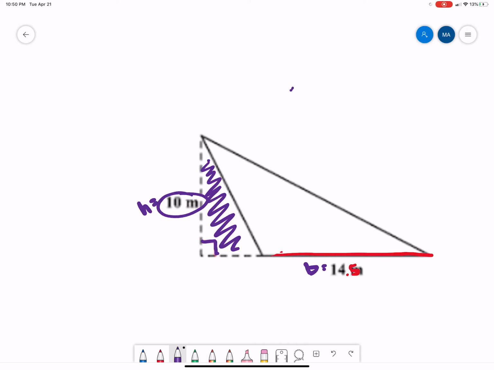So then both ways, ready? Here we go. Area equals 1/2 base times height. So then area equals 1/2 times the base, 14.5, times the height, 10. Well, because of the commutative property of multiplication, I can take 1/2 of 10 instead of 1/2 of 14.5.